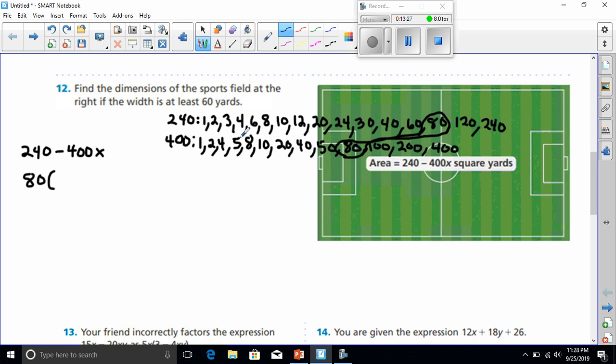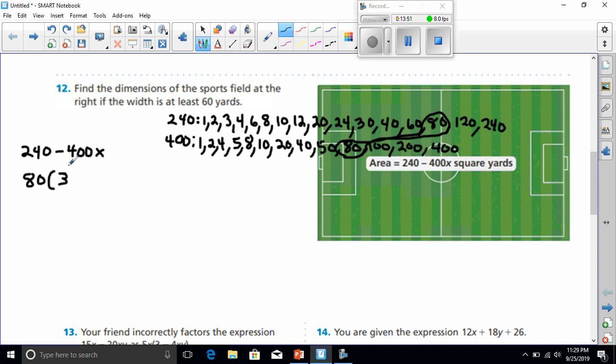And we're going to get, well, we said 80 times, let's see, 80 times 5, right, will give me, oh, I'm sorry, that's 400. Take that back. We got 80 times 3, right? 3 times 80 will give me 240.